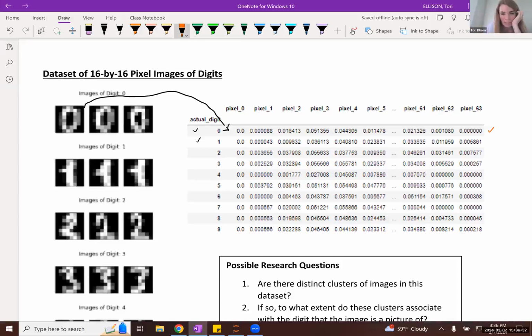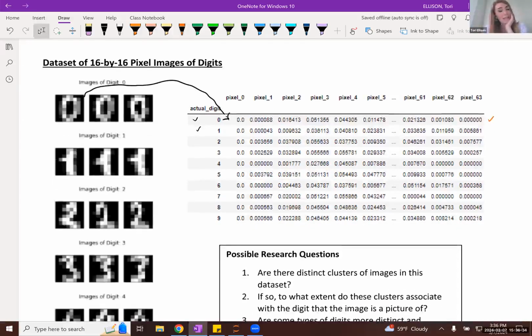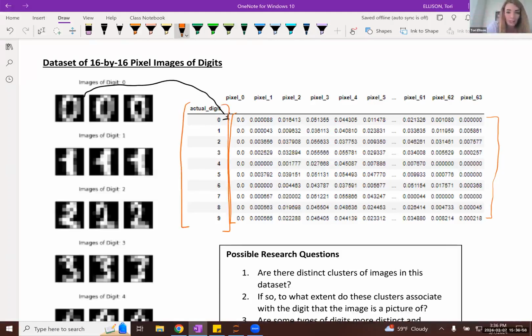So what we're going to explore in this class is, what can we learn about the clustering structure of this 64 dimensional data set of each of our digits in the data set. Now, the nice thing is we also have a set of class labels that correspond to each of these images here. So we actually do know the intended digit that each of these images is supposed to be a picture of.